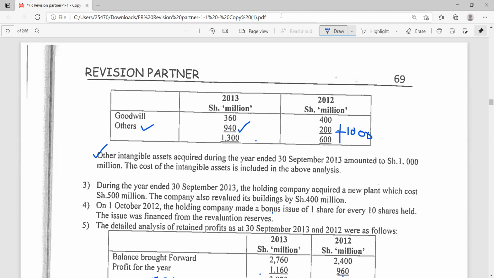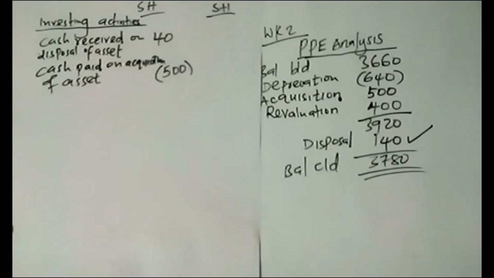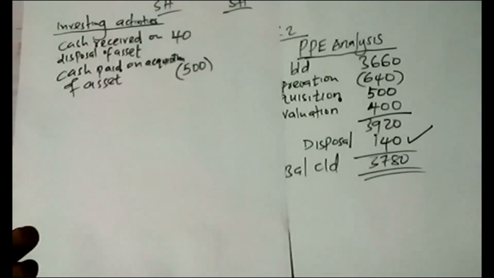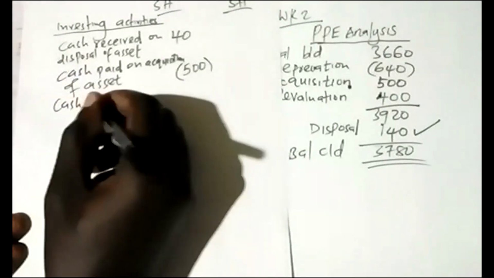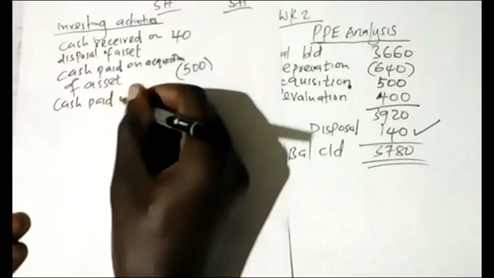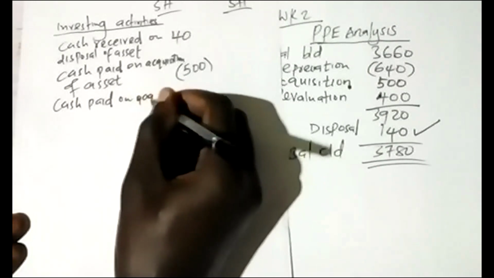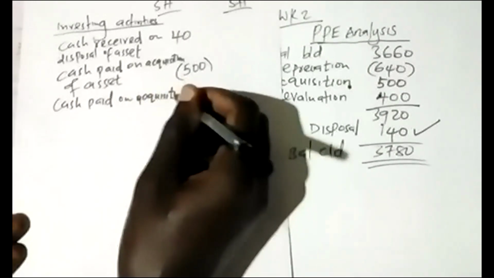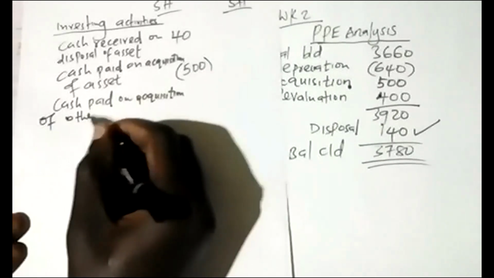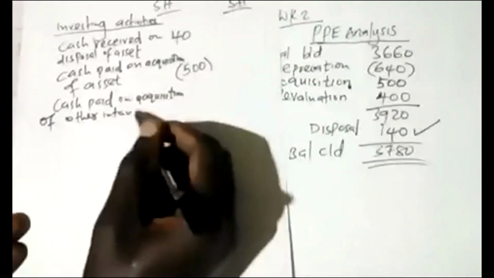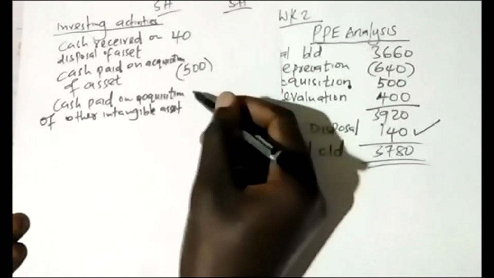So you have to say cash paid on acquisition of other intangible assets, that is 1,000.